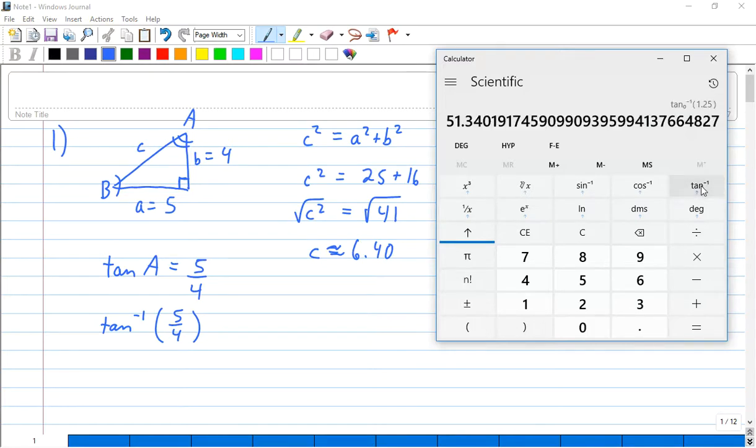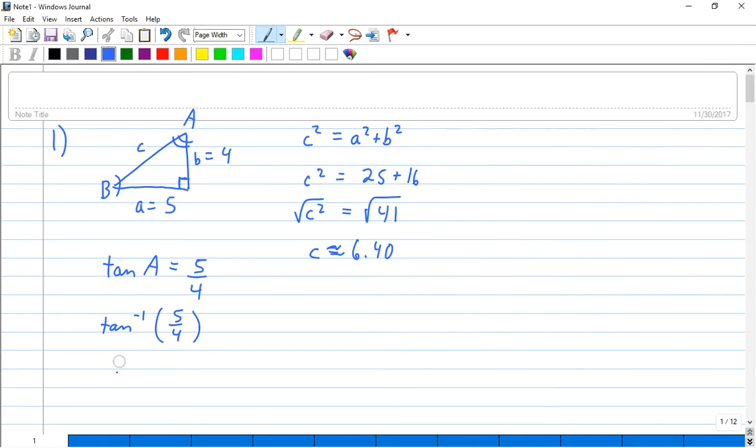If I round that to 2 places, that's 51.34. So angle A is about 51.34 degrees. I could do another tangent and then do 4 over 5, but again, you could use the fact that the 3 angles add up to be 180.